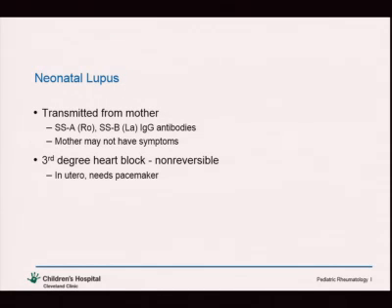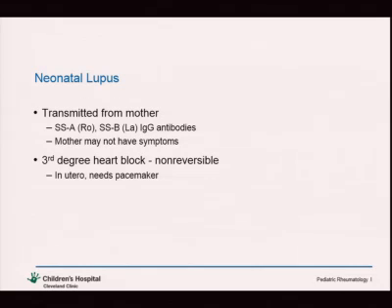Mom may not even know that she has these antibodies, may not have a diagnosis of Sjogren's disease, and it's found later once the baby is found to have neonatal lupus that the mom's tested, and she may have these antibodies.